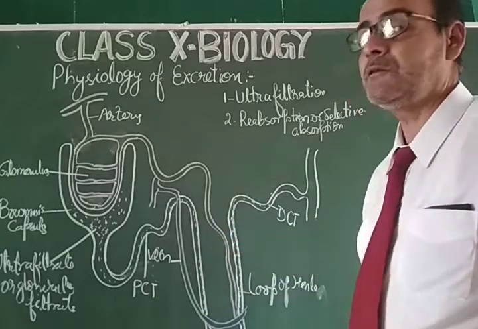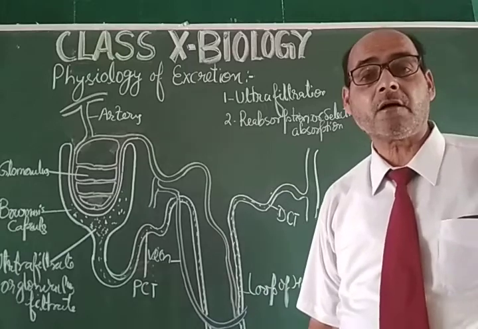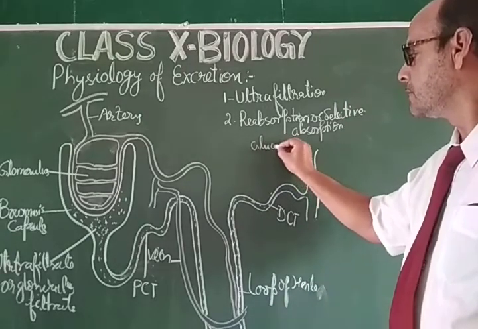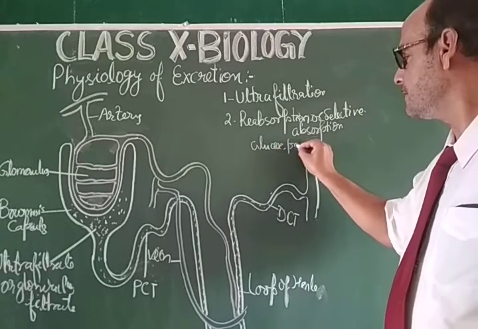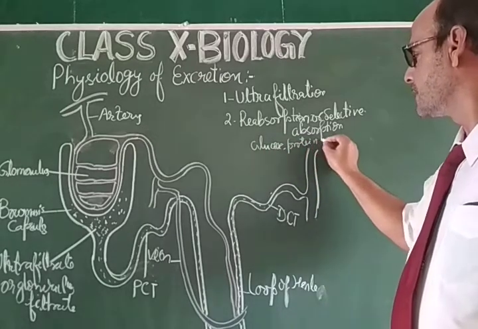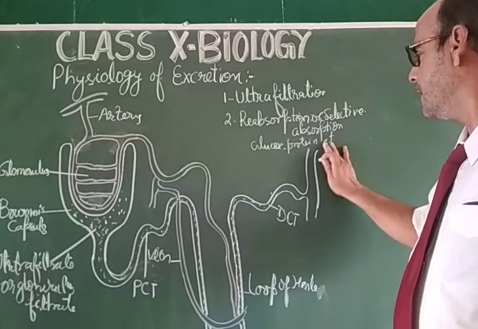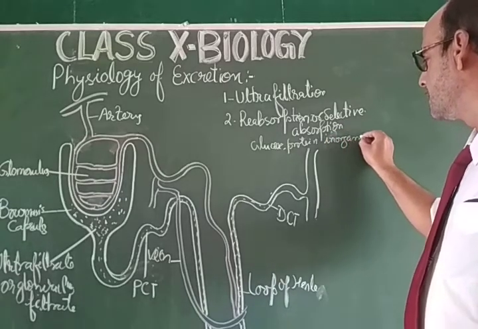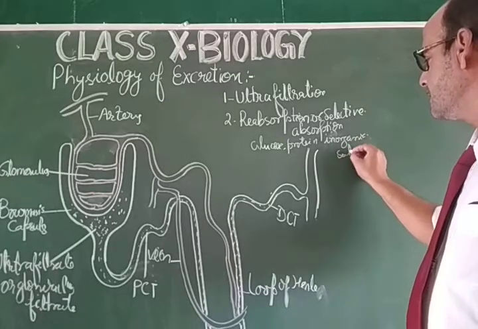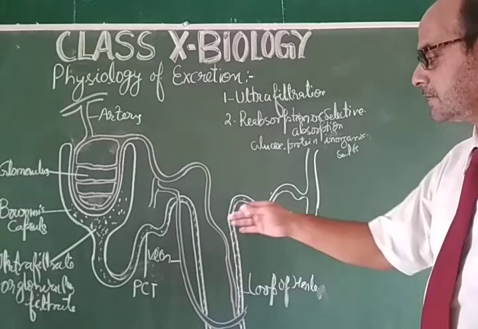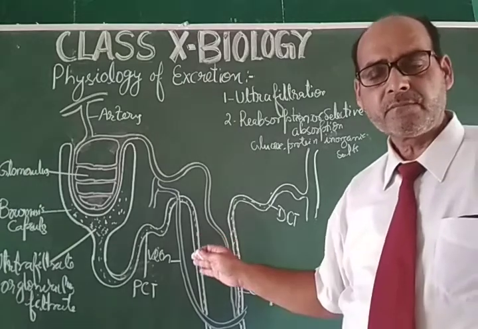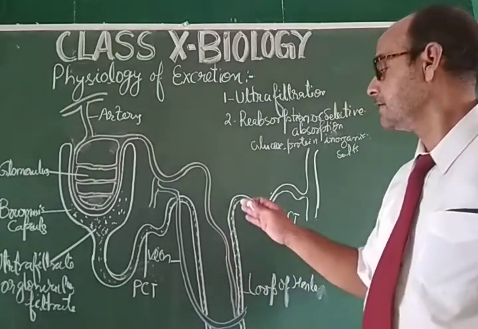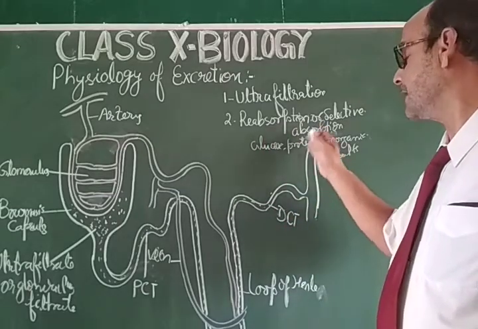The cells of the uniferous tubules absorb contents like glucose, protein, inorganic salts, etc. So this is called reabsorption or selective absorption.